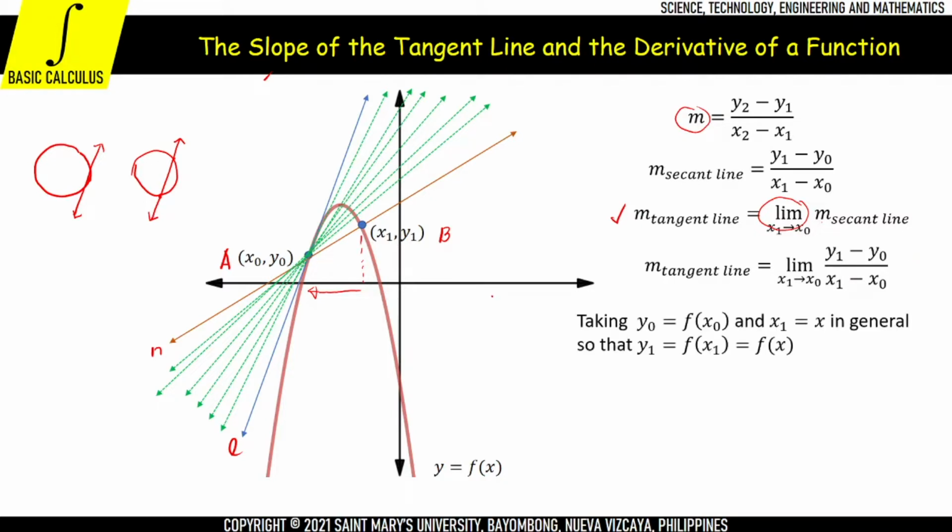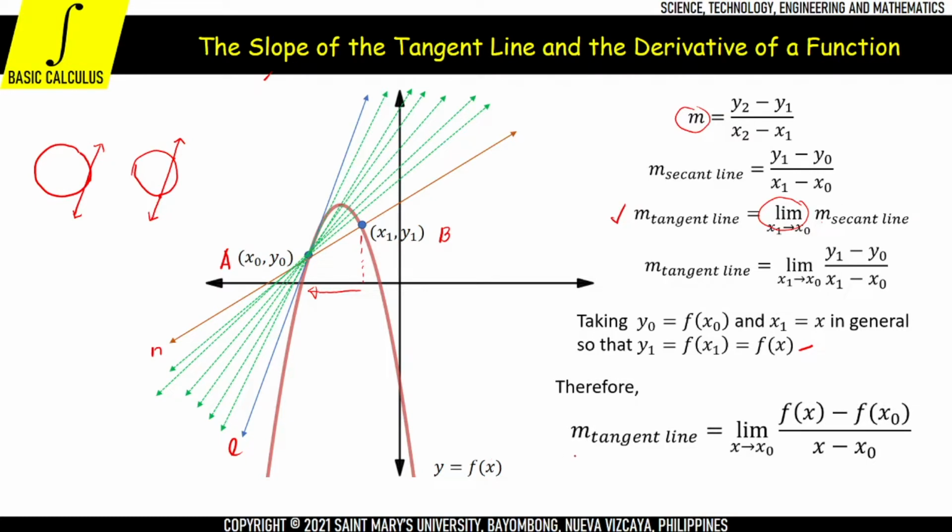Taking for example, y sub 0 be equal to f of x sub 0. So ito, nagsasubstitute lang tayo. Instead of using y sub 0, we make use of f of x sub 0. So instead of x sub 1, we make use of x in general, so that your y sub 1 be equal to f of x sub 1, which is equal to f of x. So tinatry natin dito is to generalize the slope of all tangent lines given this specific example.